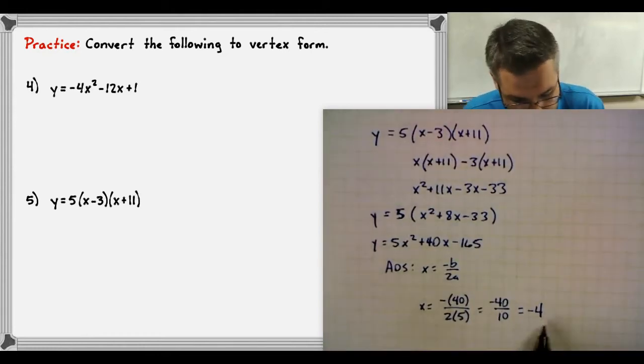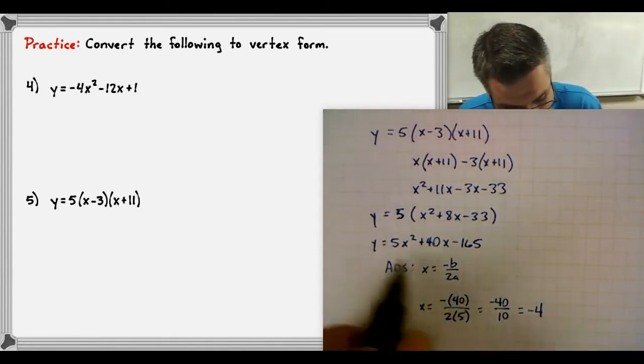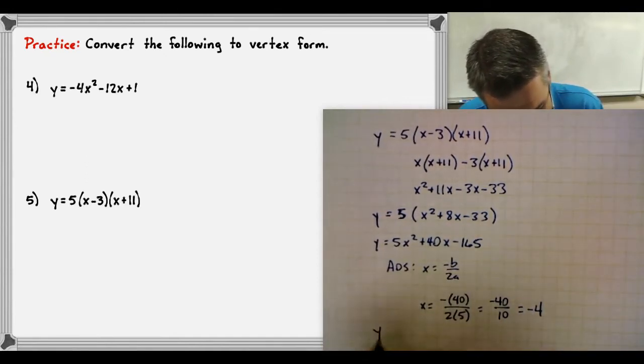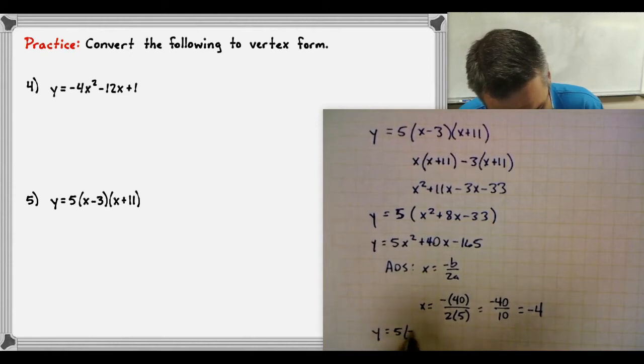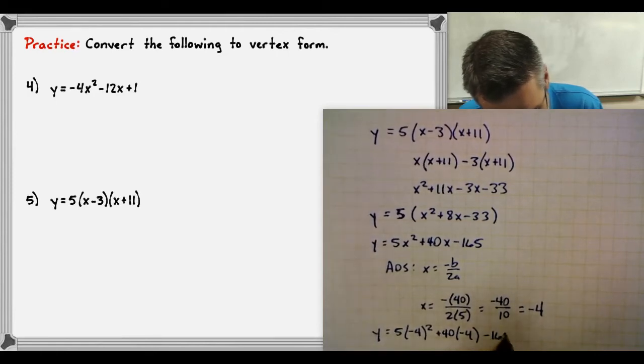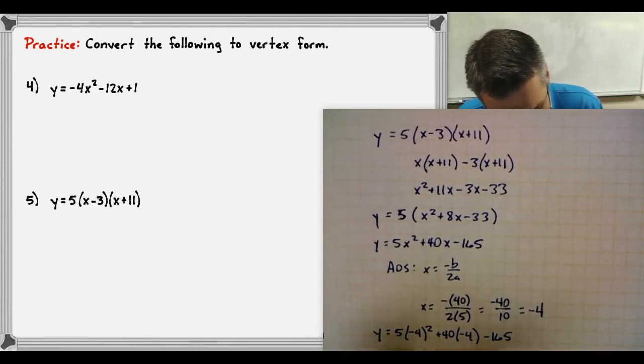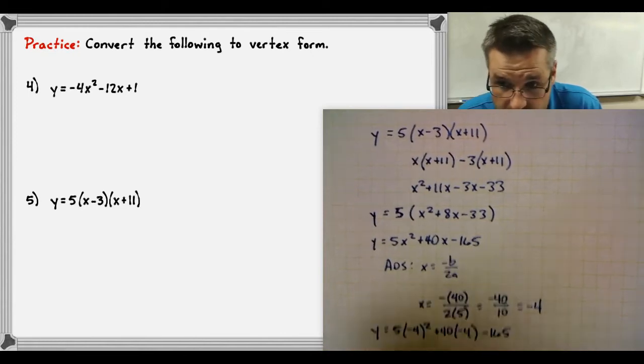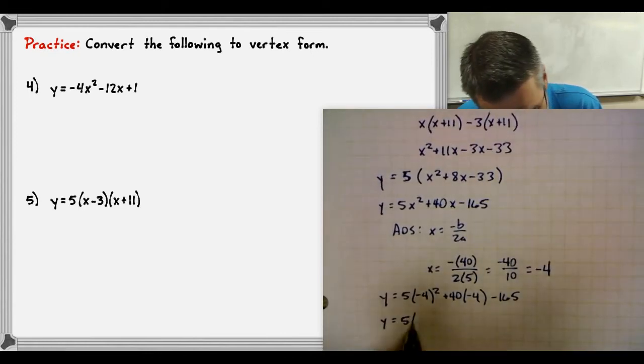Then I'm going to take that and plug it into my x value of my function. So I end up with y equals 5 times negative 4 squared plus 40 times negative 4 minus 165. And then we'll simplify that doing the exponents first. So that's going to be 5 times negative 4 squared, which is 16.